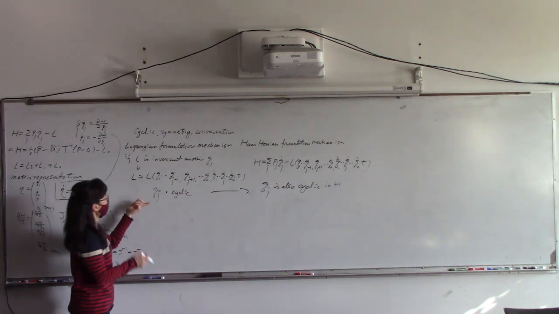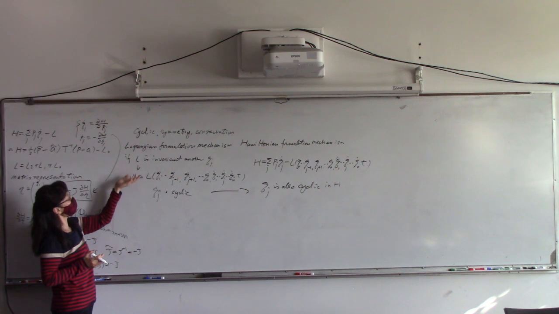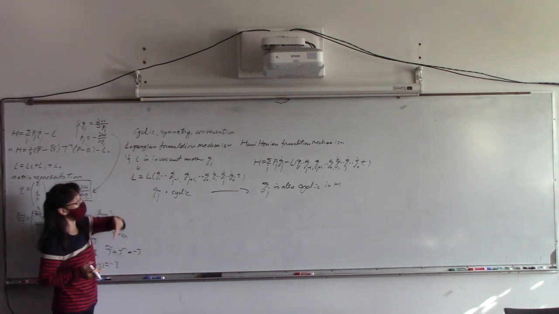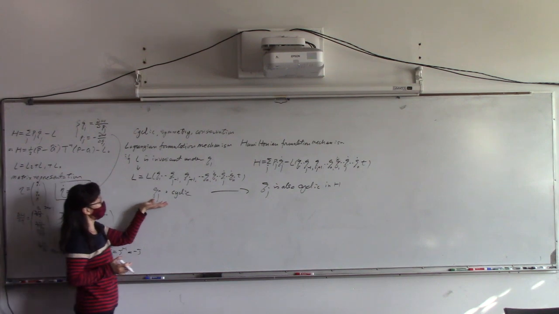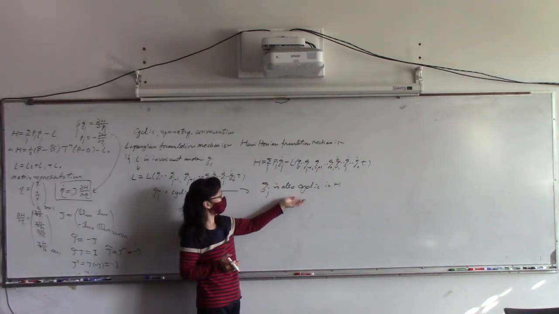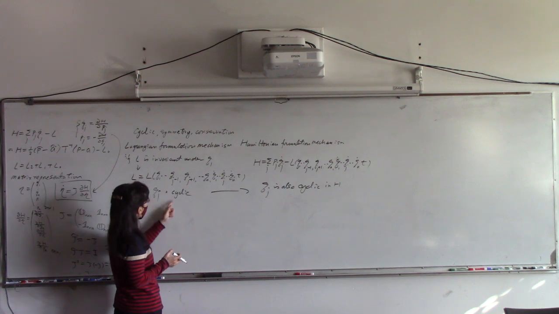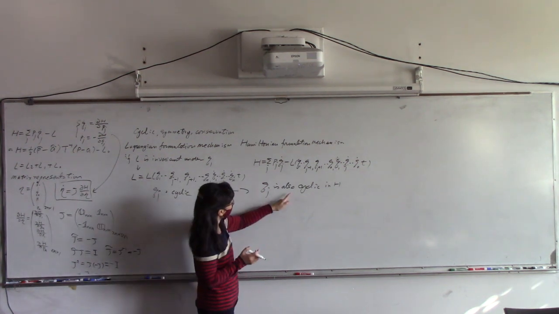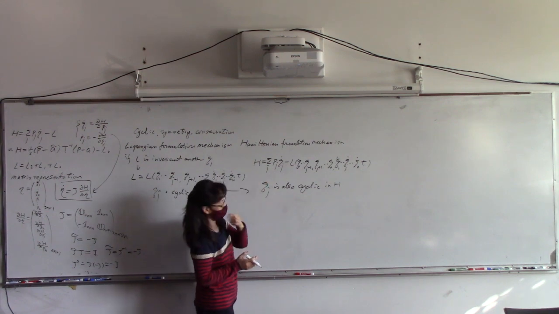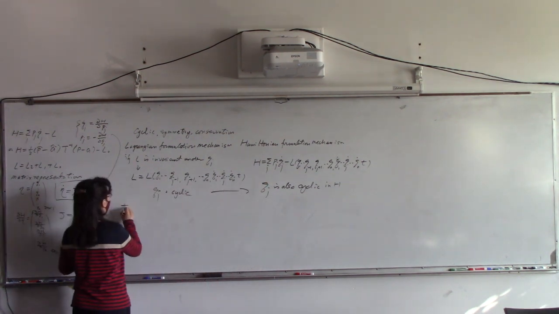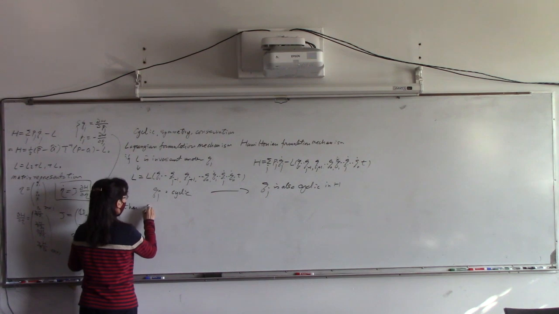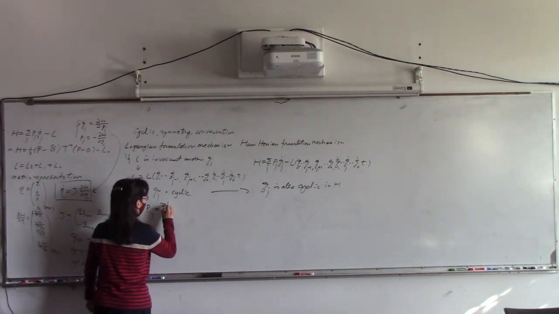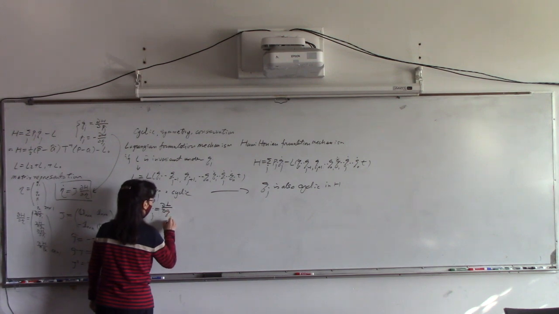So the invariance under the Qj: if the Lagrangian does not change, then the Hamiltonian also does not. So if Qj is a cyclic coordinate of the Lagrangian, it is also a cyclic coordinate of the Hamiltonian.